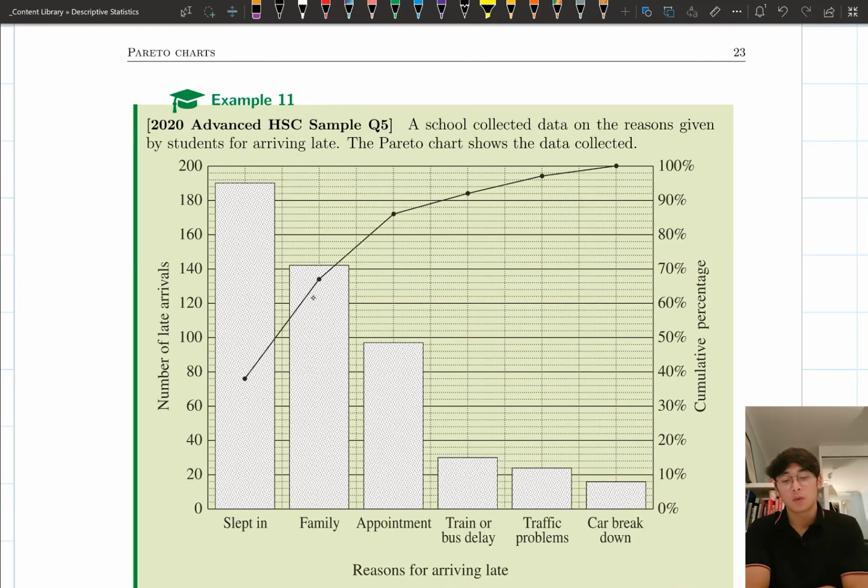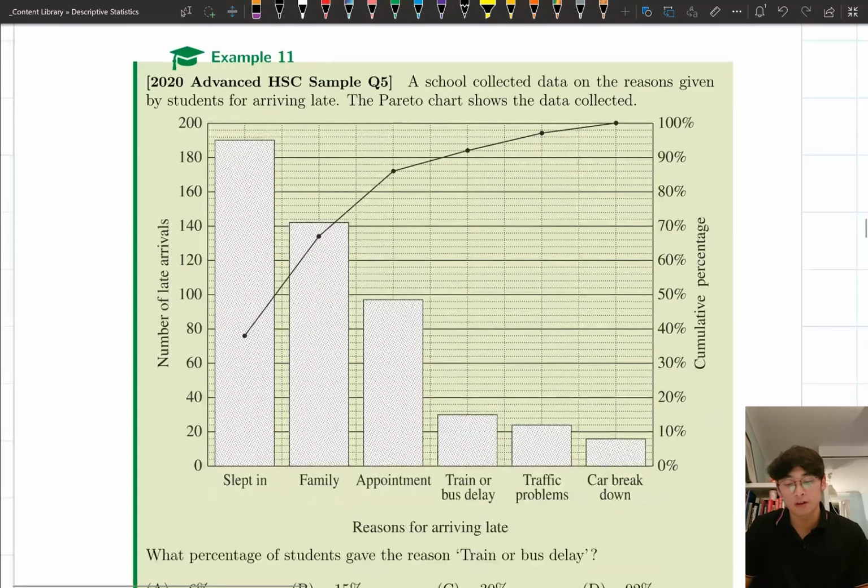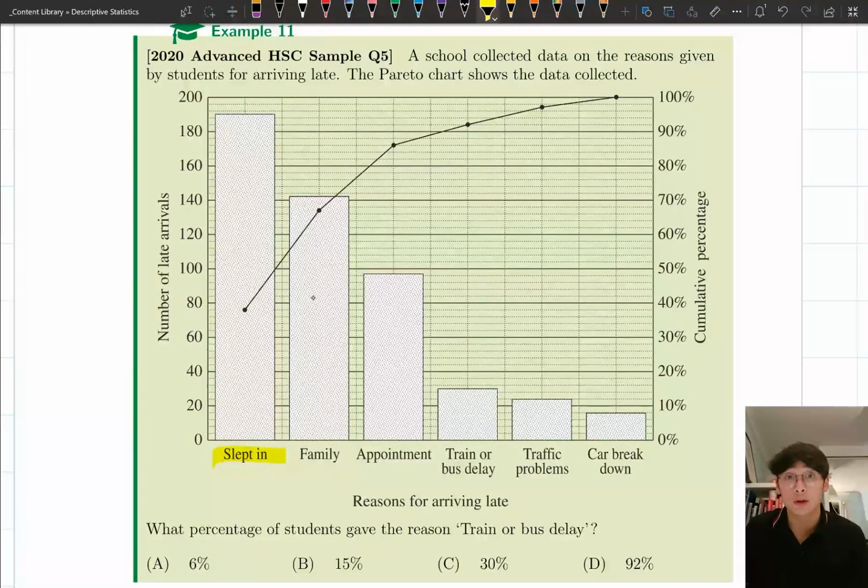And so here we've got the different reasons. Slept in, not looking at anyone in particular in our class. Family appointments, train or bus delays, then traffic problems, and a car breakdown. So these are the reasons that people give for being late. The column graph shows you the number of times each of these late arrivals happened, and you've got that cumulative percentage.